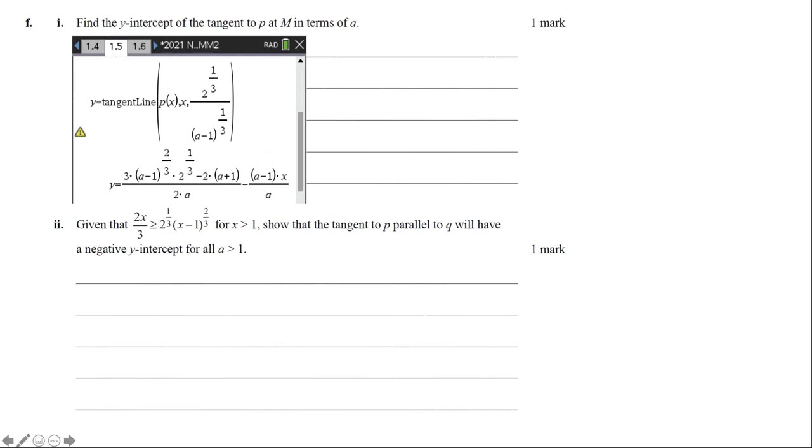But we only want the y-intercept. So once you put down the y equals blah, blah, blah, then don't forget to write down the y-intercept itself, okay? And that is the intended answer by the question, as far as I understood.